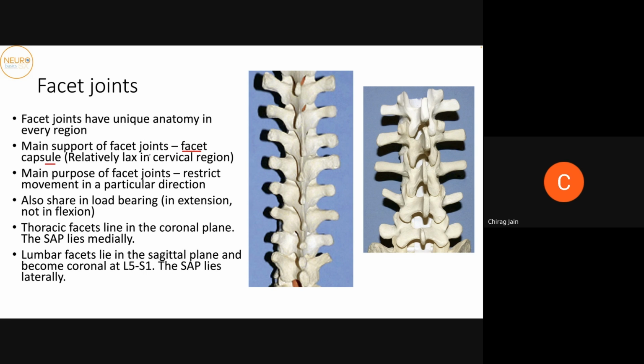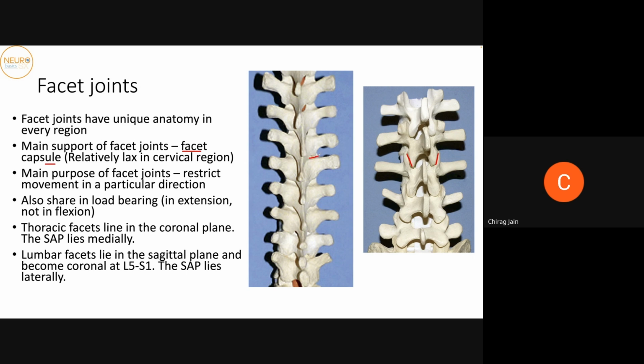The main purpose of a facet joint is actually to restrict movement in a particular direction. But depending on the direction of the alignment of the joint, it will particularly resist one direction of movement while allowing other directions. So as you can see, this is the lumbar spine, and these are your lumbar facets. These are oriented sagittally over here. While these are coronal joints and coronal facets, and these are oriented coronally.